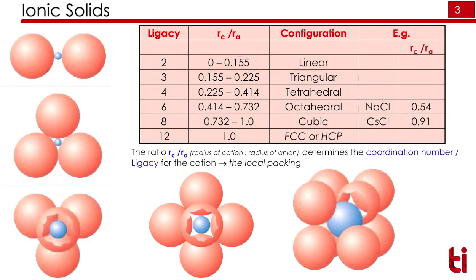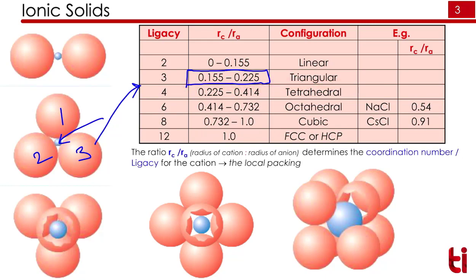If the cation is among 3 anions, this configuration we call triangular configuration, and the radius ratio of cation to anion should be between 0.155 to 0.225. If the radius ratio lies between 0.155 and 0.225, we call that triangular configuration.